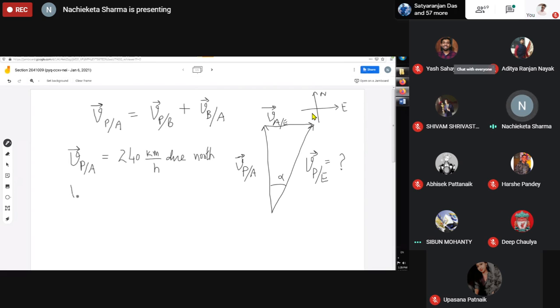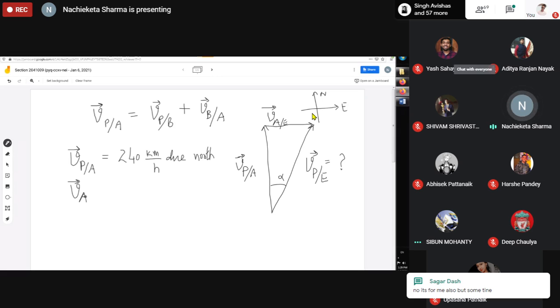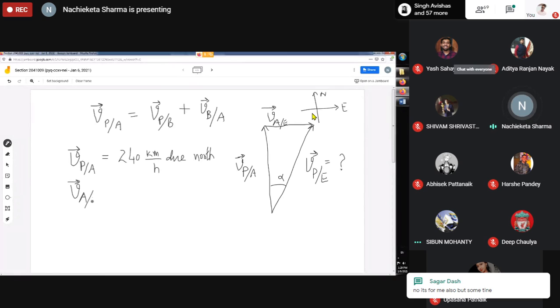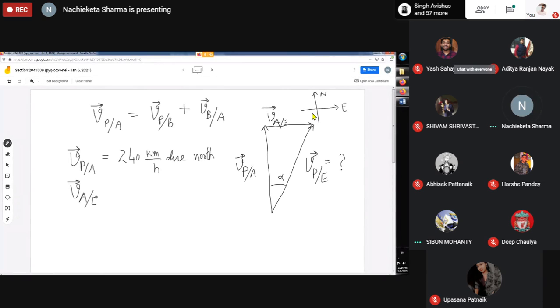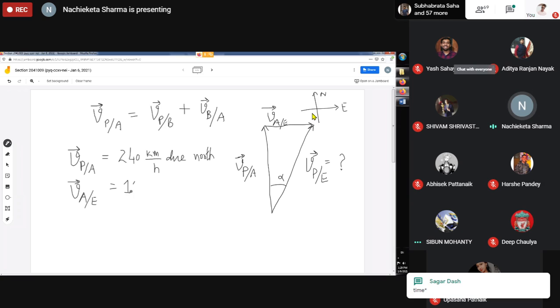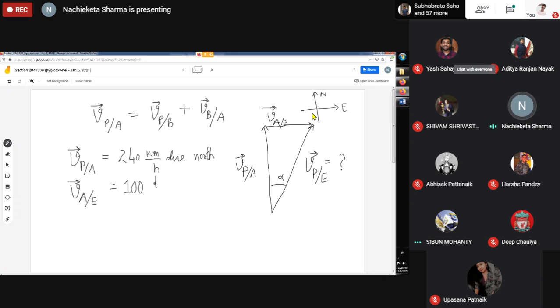So velocity of air with respect to earth is equal to 100 kilometer per hour.